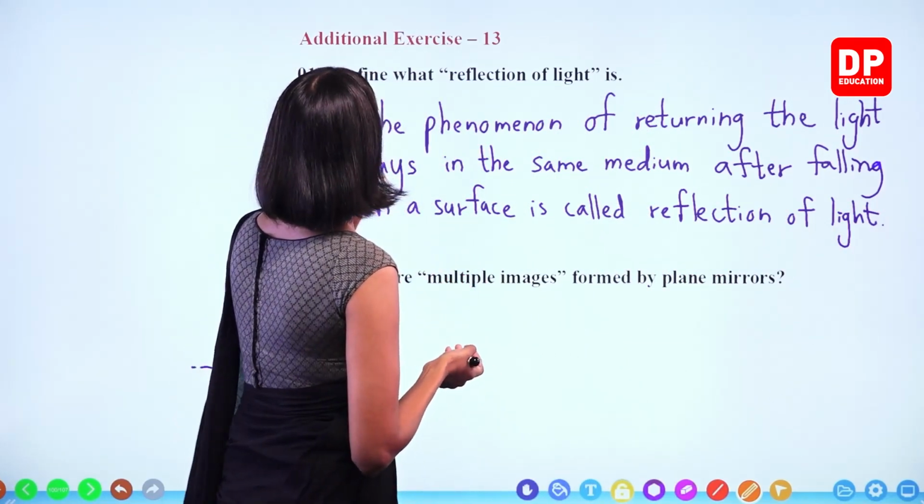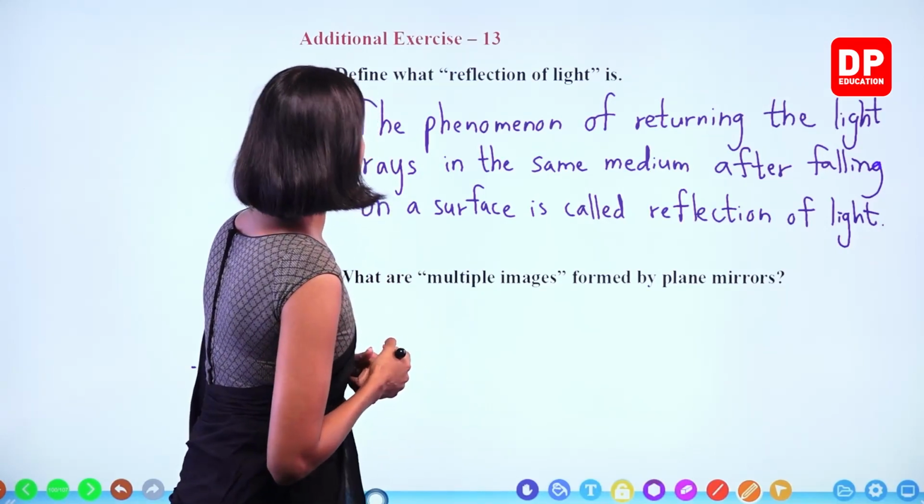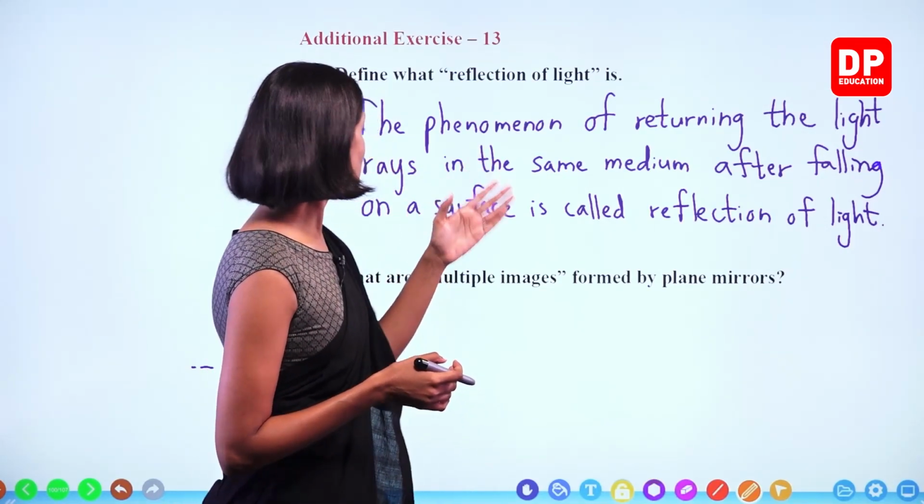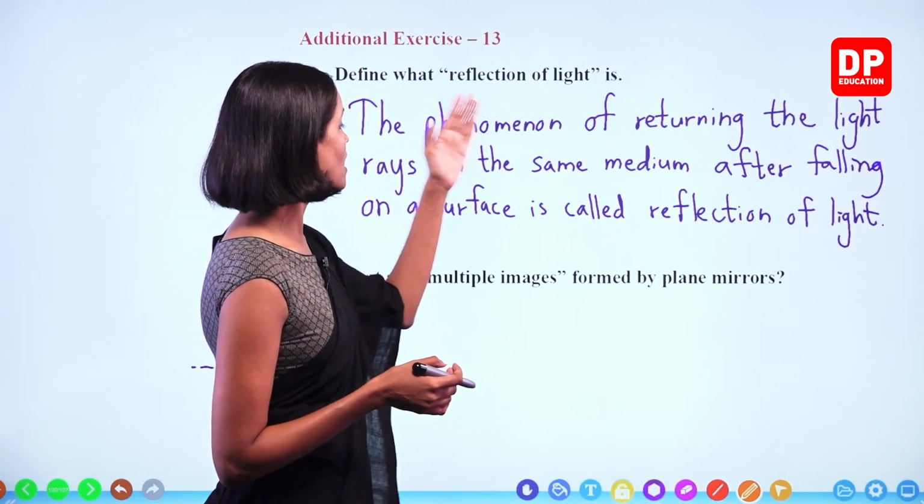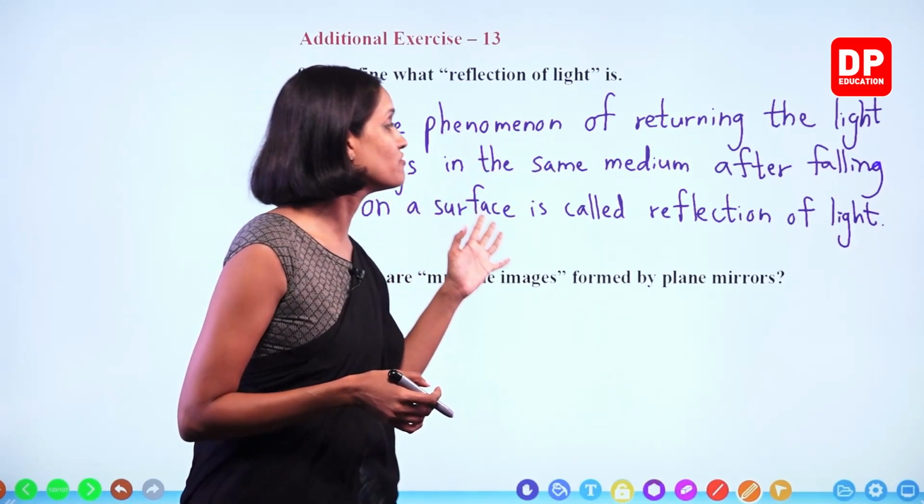Right? Define what reflection of light is. The phenomenon of returning the light rays in the same medium after falling on a surface is called reflection of light.